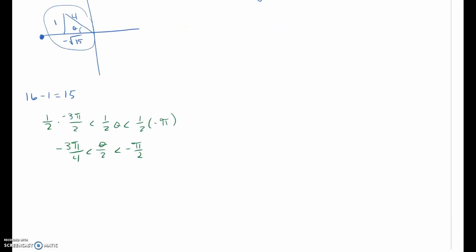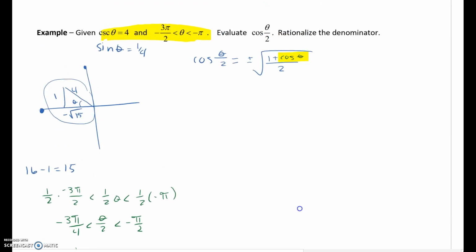On the circle, this is negative pi over 2 and this is negative 3 pi over 4. Our half angle is somewhere in here, which means our sine is going to be negative and our cosine is going to be negative.